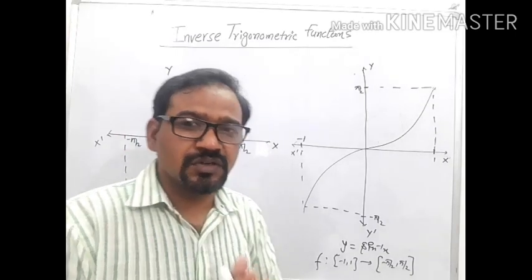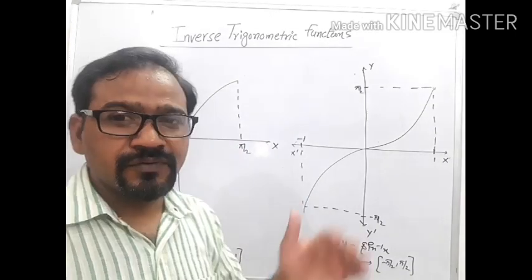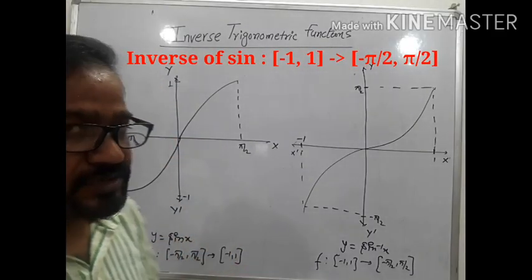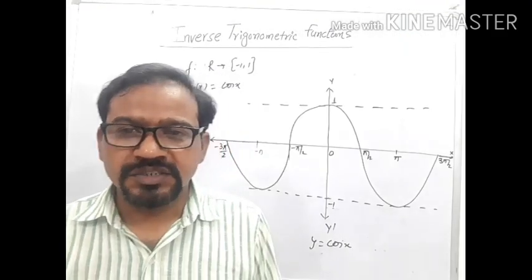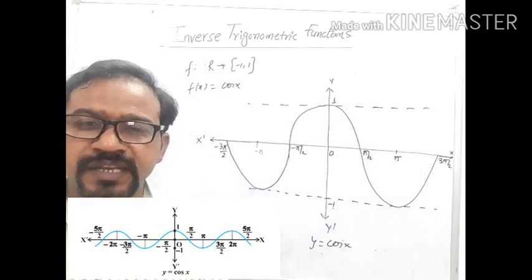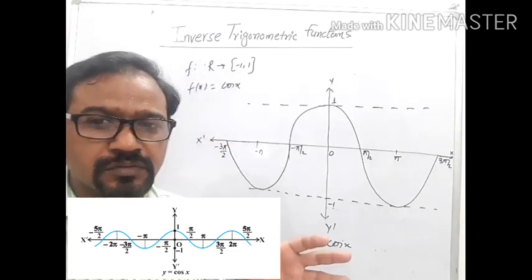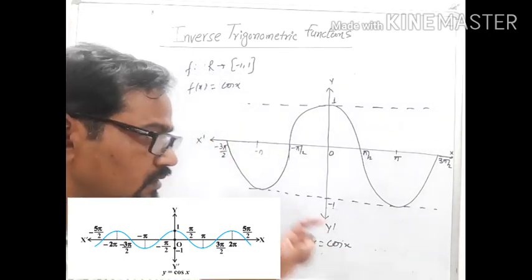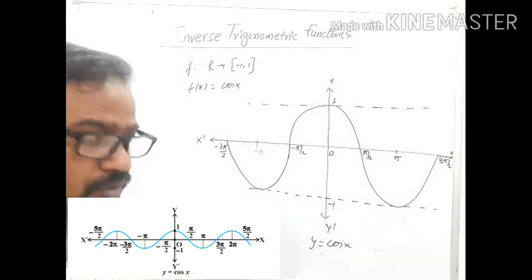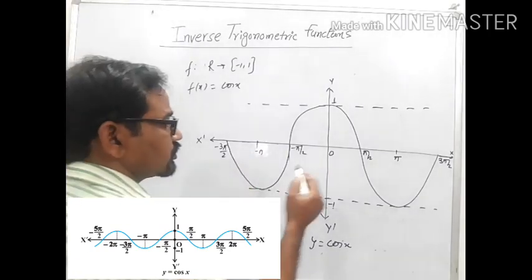Similarly, cos is also a many-one onto function on the interval R to -1 to 1. So we have to restrict the domain, and the domain is from 0 to pi.